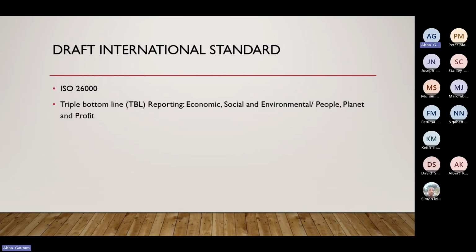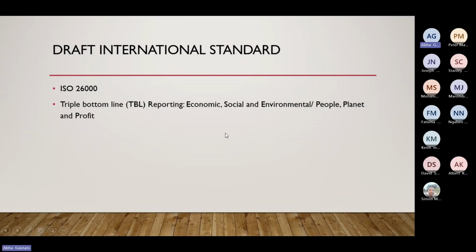So when we say CR, this is not a new topic. When there was a rise of multinational corporates in the late 1960s and early 1970s, only then was this term, corporate responsibility, introduced. And we have been talking about this since then, that it has a triple bottom line.